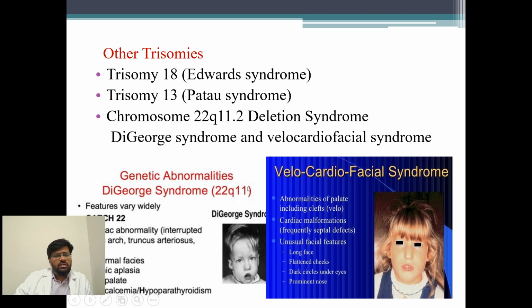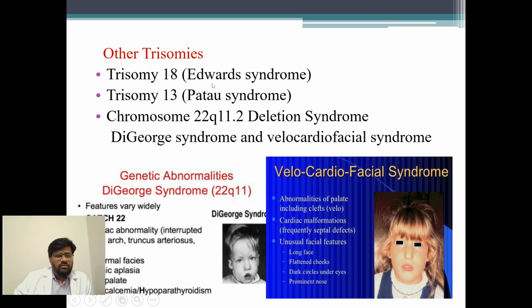In DiGeorge syndrome, we have to remember CATCH 22: cardiac defects, abnormal faces, thymic aplasia, cleft palate, and hypocalcemia or hypoparathyroidism. Whereas in velocardiofacial syndrome, we have flat faces, dark circles under the eyes, and a prominent nose. All these features occur due to the deletion on the long arm of chromosome 22.